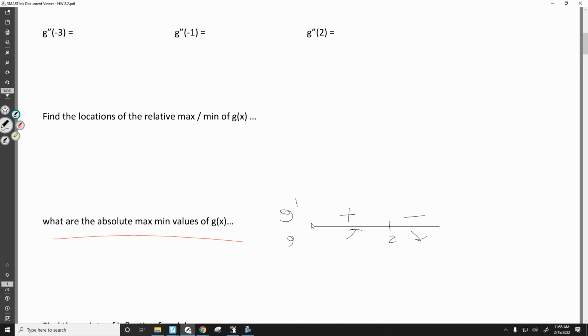This is telling me my max must be at G of 2. Why? G prime is positive from -5 to 2. G prime is negative from 2 to 4. Please find G of 2 for me.